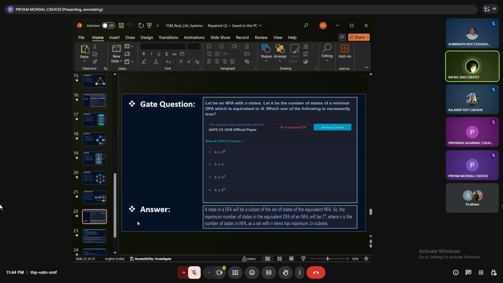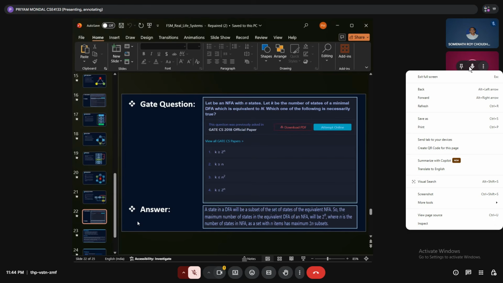So the maximum number of states of the equivalent DFA of an NFA will be 2 to the power n, where n is the number of states in the NFA, as a set with n elements has a maximum of 2 to the power n subsets. So the answer should be k less than or equal to 2 to the power n.